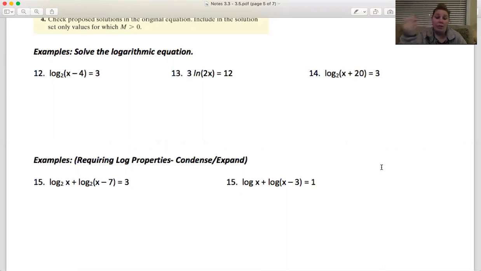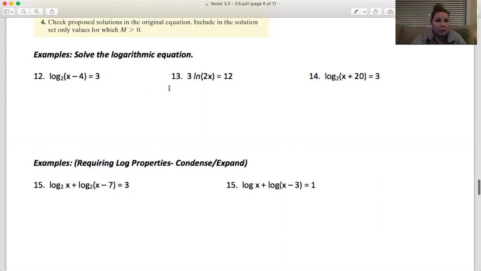You can pull up other examples in the notes, or if you feel like I'm doing too many examples, go ahead and fast forward, drag through the video and get to the part that you need. Just whatever you've got to do to get your work done. And we'll go from there. So let's try this out.